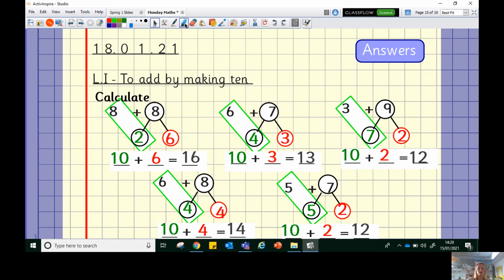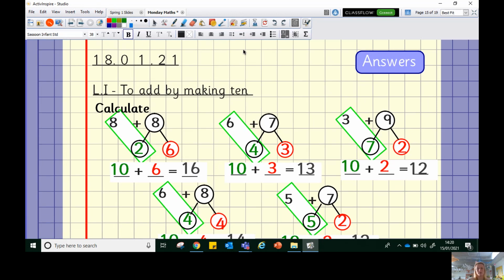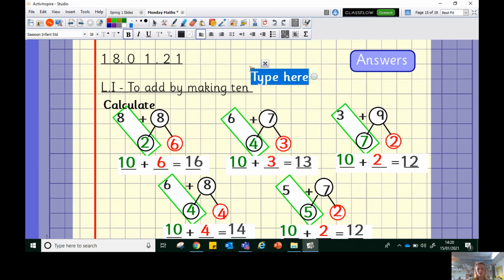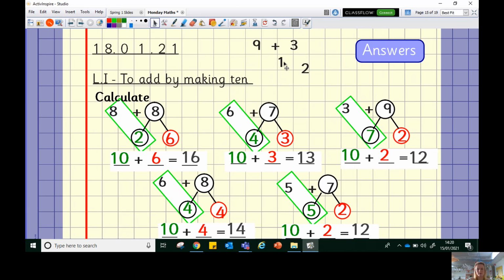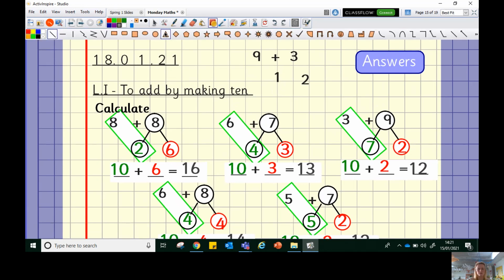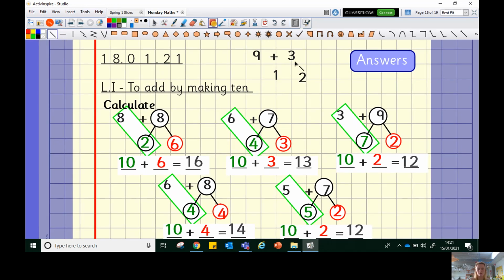If you did it the other way, it would be, I'll just write it out, 9 plus 3, and you would partition 3 into 1 and 2, like that. Okay, I'll draw the lines for you as well to try and help you.